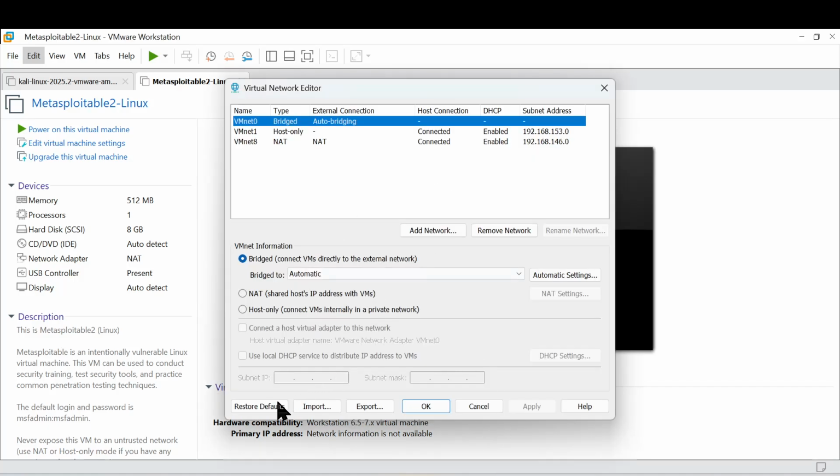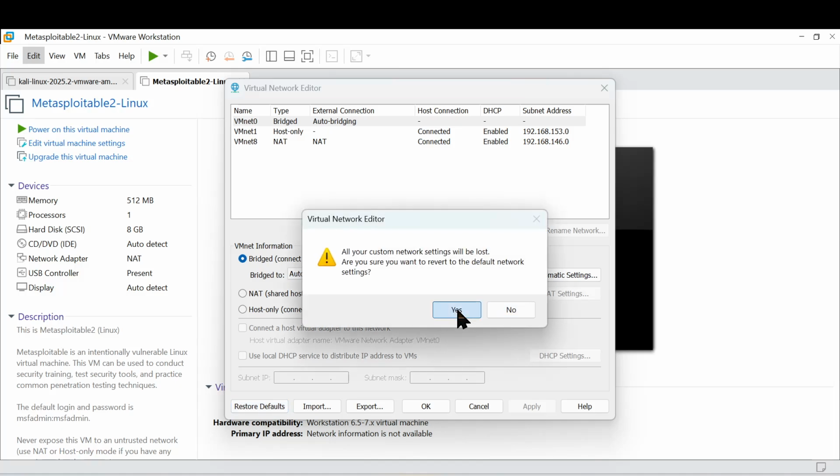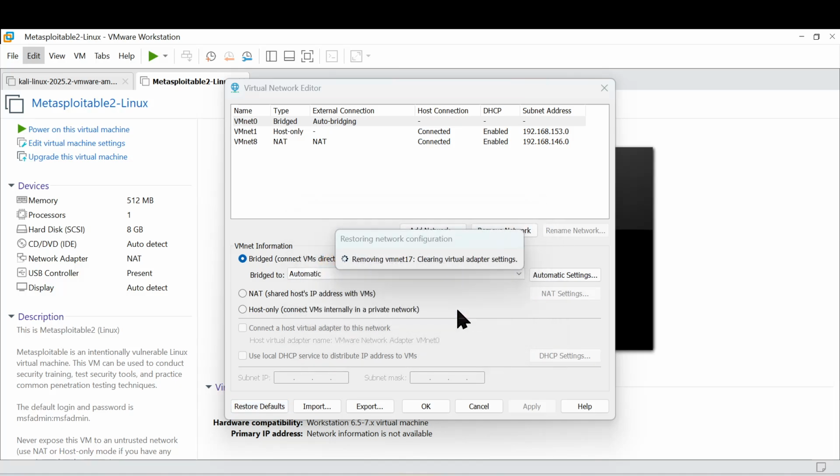Now, once it is done, you just have to click on Restore Defaults. It will allot us a whole new IP address, and by utilizing that, we will be able to perform our task.